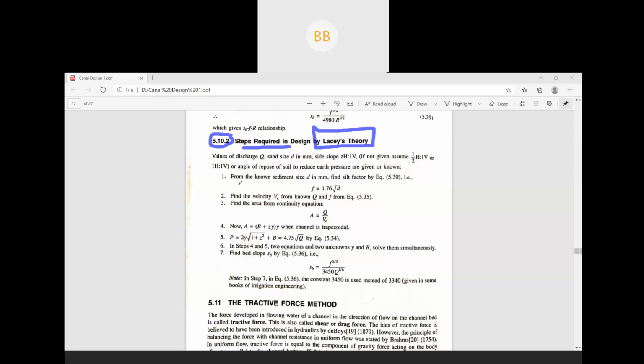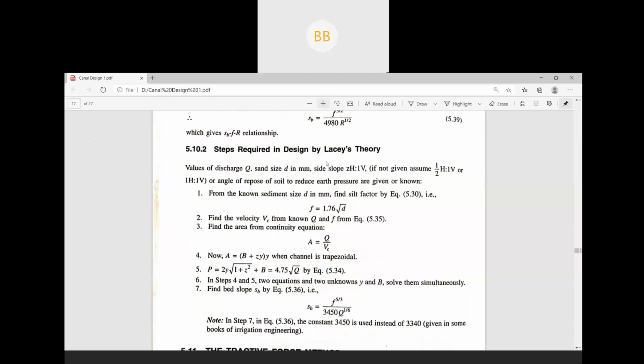To perform Lacy's theory, definitely we should know the discharge. For this discharge, we are going to design that particular canal. It is also called design discharge.